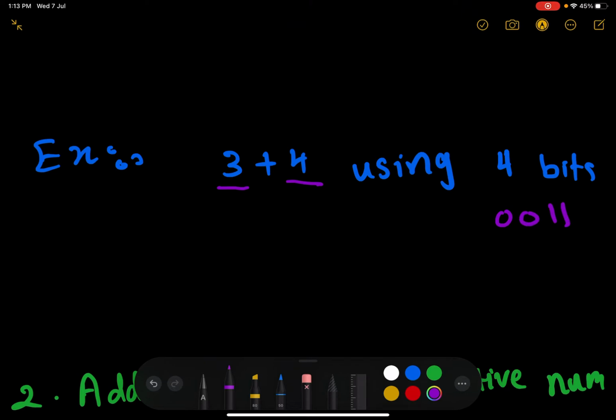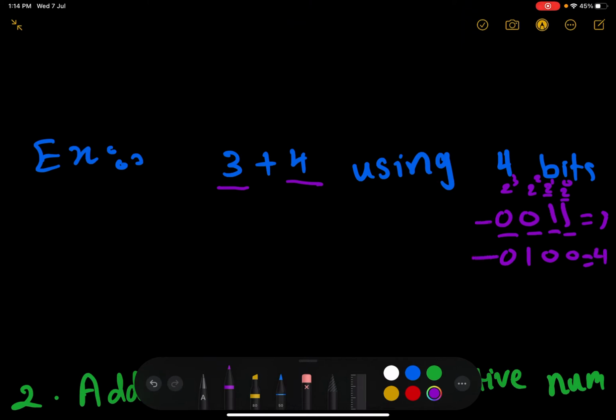As we explained previously how to convert from decimal to binary, here we have the 4 bits starting with 2 power 0, and each time you increment the power, these two we fill with 0, and the bits that are filled with 1, if you add their values, you will get 3, because 2 power 1 is 2, 2 power 0 is 1, 2 plus 1 is 3. And you do the same for 4, so it's 0, 1, 0, 0.